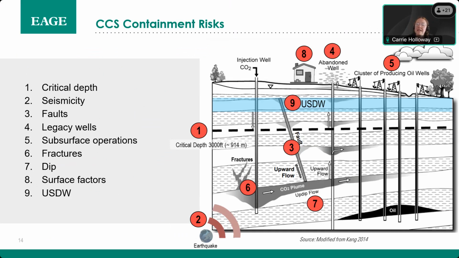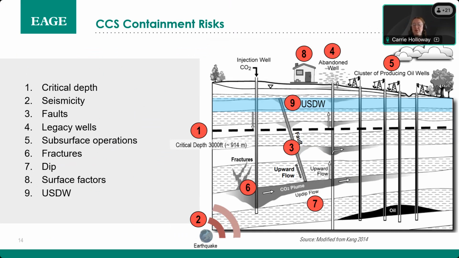We also want to inject in an area which isn't seismically active and in a region where injection is not likely to induce any seismic activity. We tend to want to avoid faults, especially faults which are open or are conduits to flow, or could be reactivated during injection.